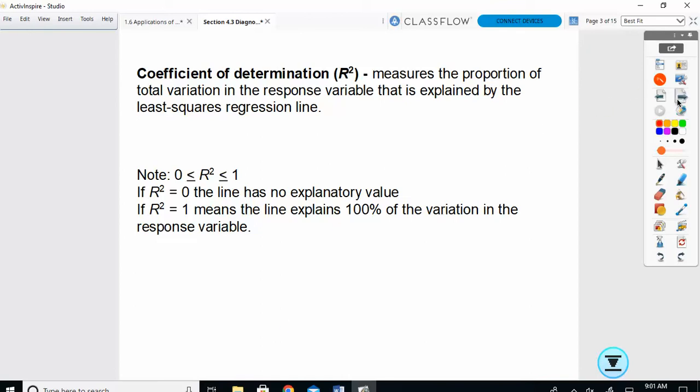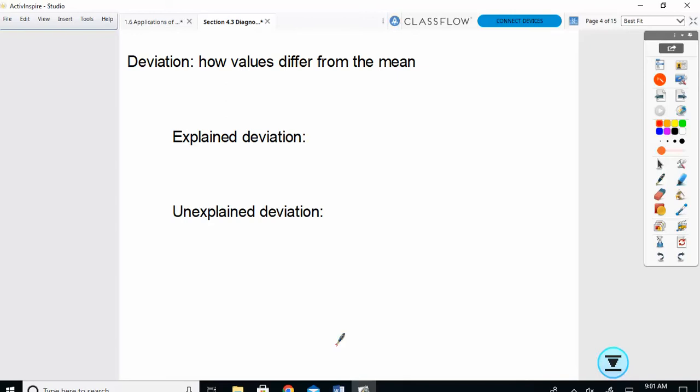It's essentially, we're talking about deviation, which is just how things differ from our mean. And we're looking at two different things, explained and unexplained. So explained is when the variation is explained by the regression line.